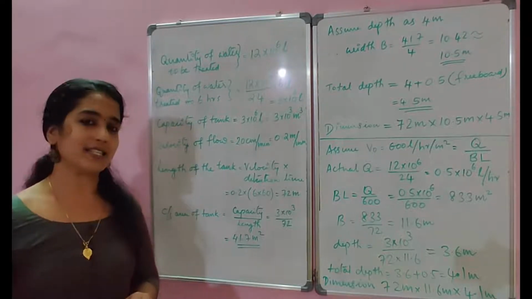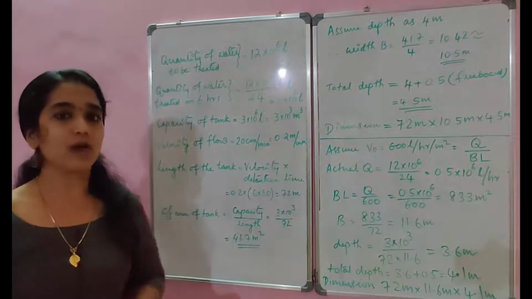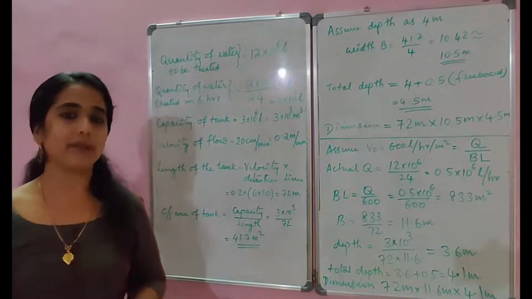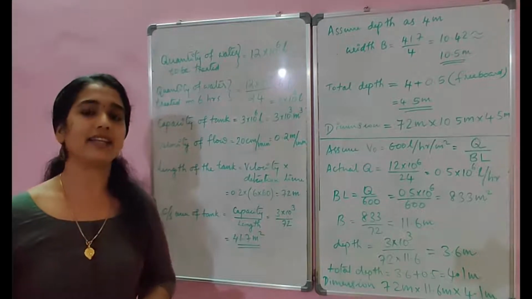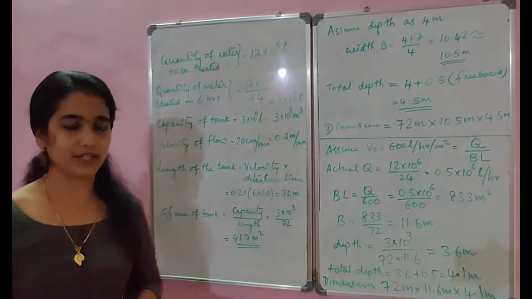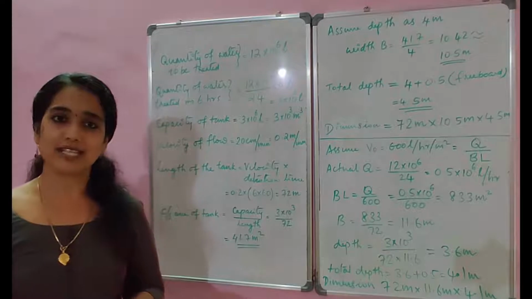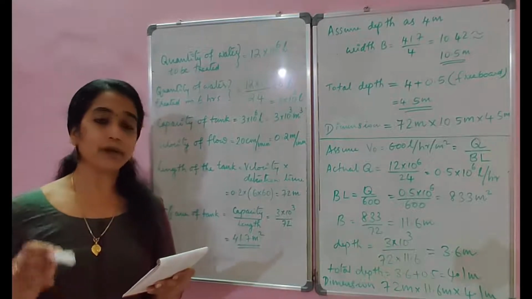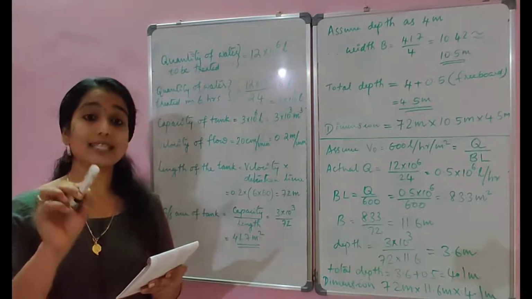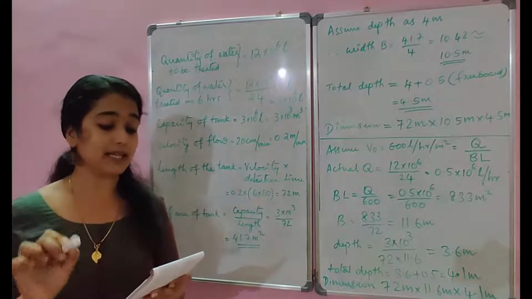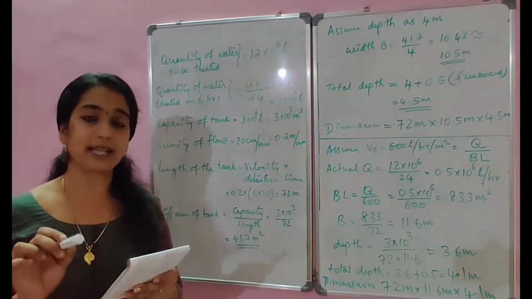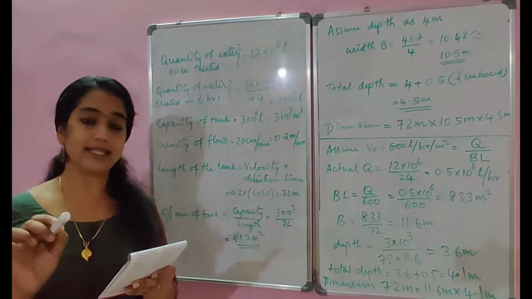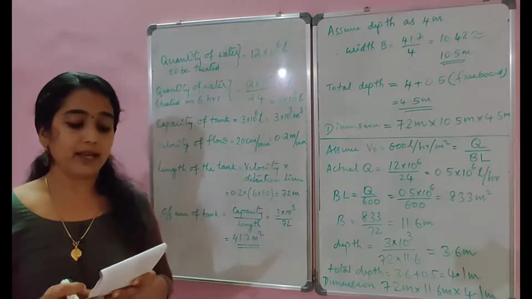In the previous session I gave 3 questions for solving in this session, and we have already discussed the design criteria for plain sedimentation tanks. The first question: the maximum daily demand at a water purification plant has been estimated as 12 million liters per day.